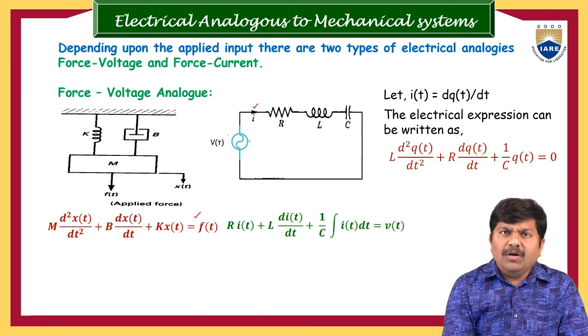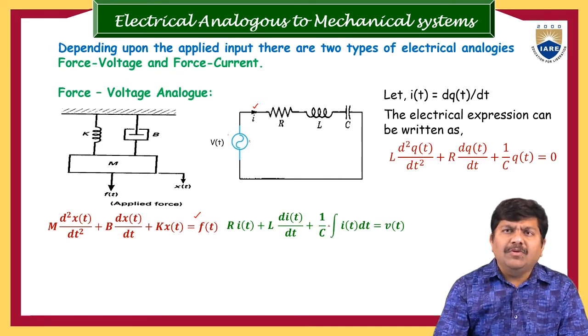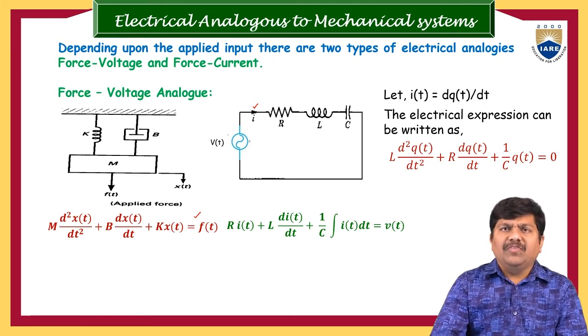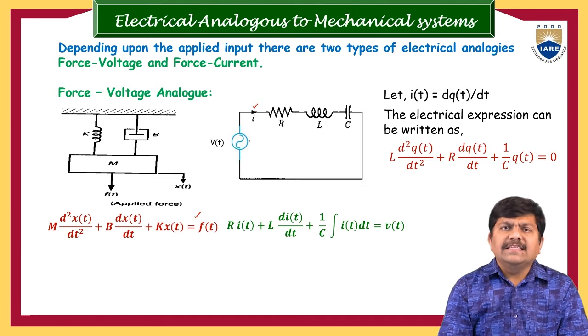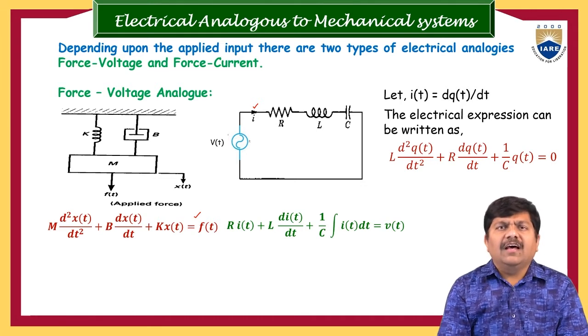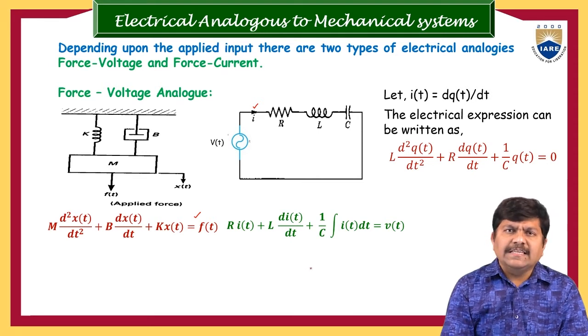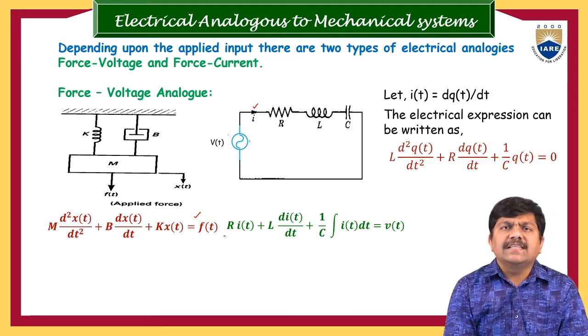Now, R into i of t plus L into di of t by dt plus 1 by c integration of i of t into dt is equal to V of t. This is the mathematical model of the given electrical system, which is R, L, C in series with the voltage. Now, can these two, the mechanical equivalent differential equation and the electrical equivalent differential equation, be compared?